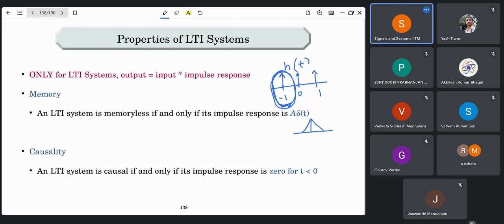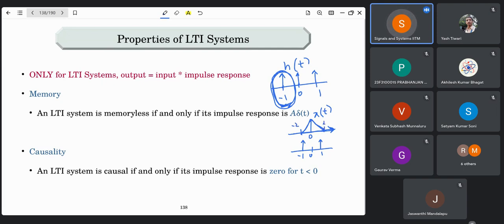So this is my x of t. This is 0. And let us say my impulse response looks like this. 0, this is, let's say, -1. And now, if I try to find out the output of this system at 0, let us say this point is -2.